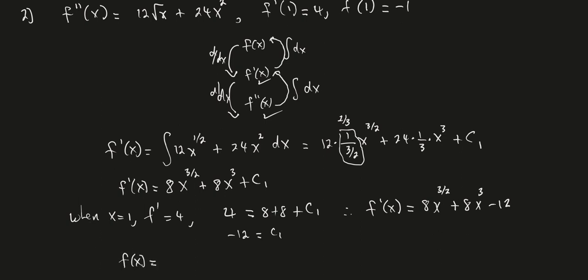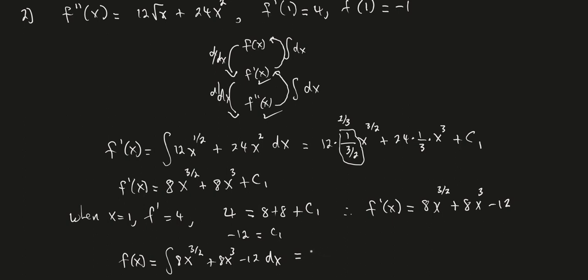So f of x now is the antiderivative of this. So antiderivative of 8x to the 3 halves, and then plus 8x cubed minus 12 dx. So let's write that down. Same rules, right? We're going to use basically the same rules.